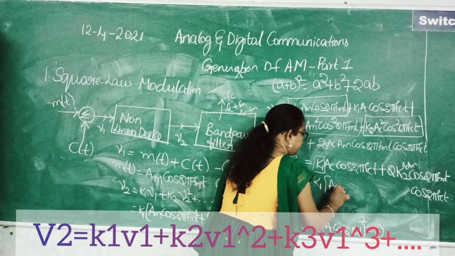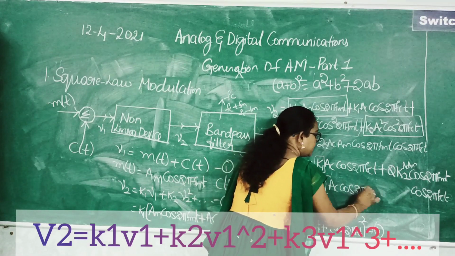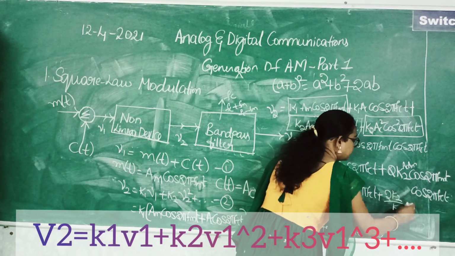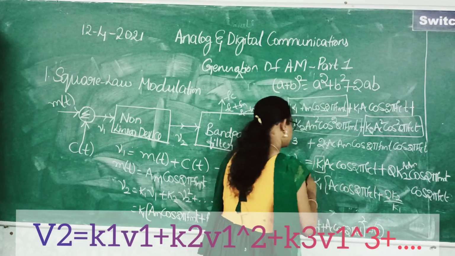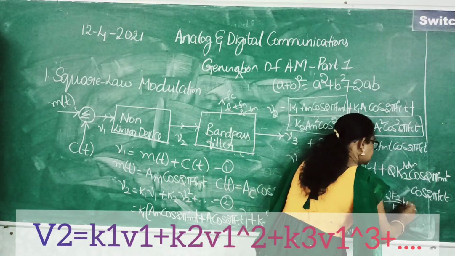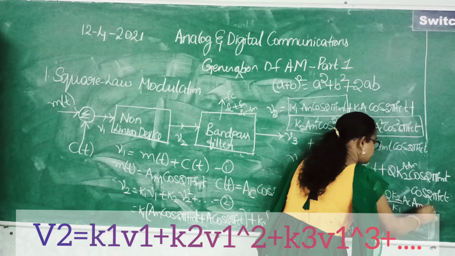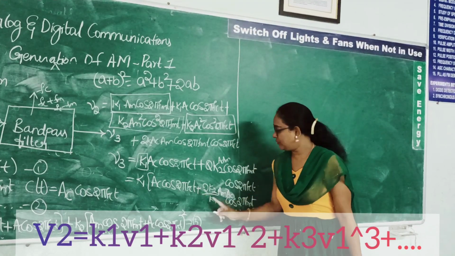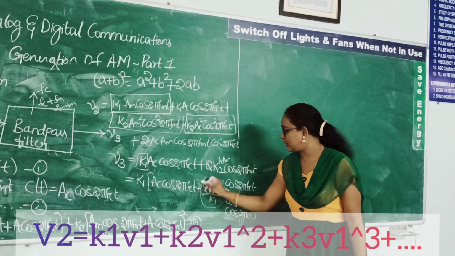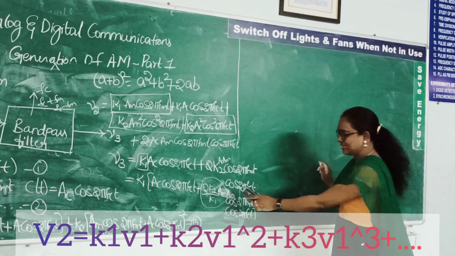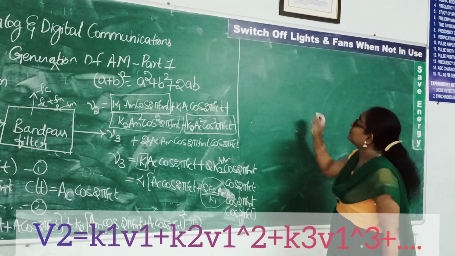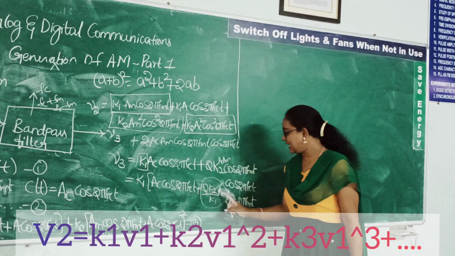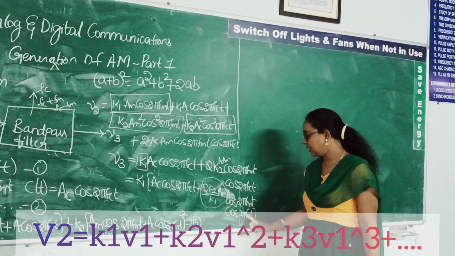Then you are going to have Ac cos 2 pi fc t plus 2K2 by K1. Ac also we will take common. So with K1 common, we got 2K2 by K1 into Am Ac cos 2 pi fm t, Ac cos 2 pi fc t. The original equation consists of Ac cos 2 pi fc t plus ka Am cos 2 pi fm t cos 2 pi fc t.